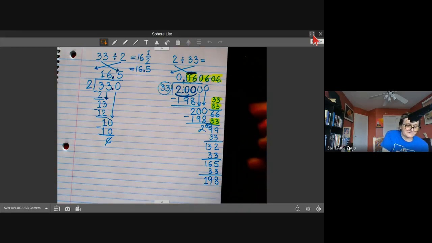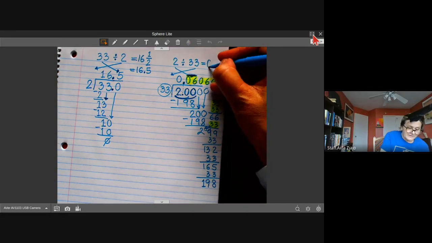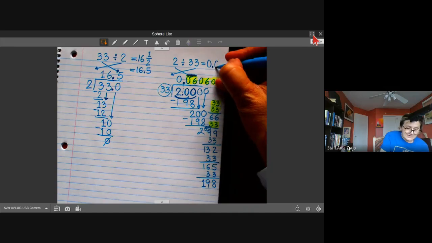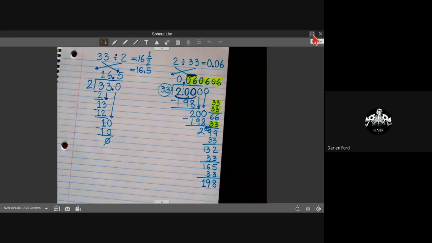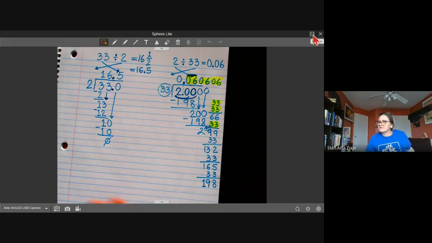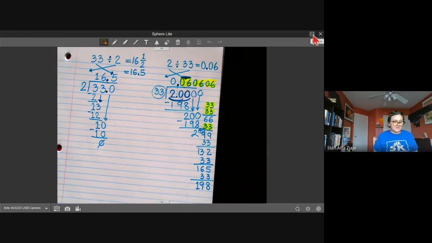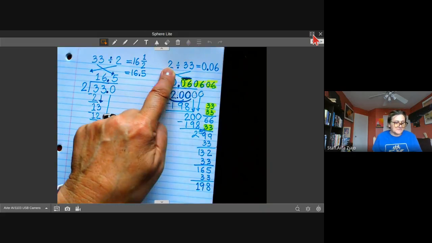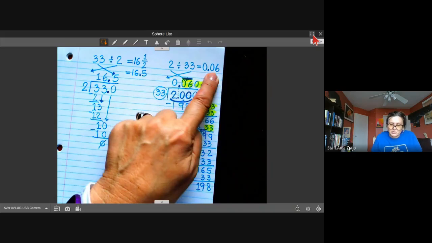So our answer for this one is totally different. It's 0 wholes and 0 tenths and 6 hundredths. Let me wrap this up. If you have $2 and you divide it among 33 people, each person will get what?